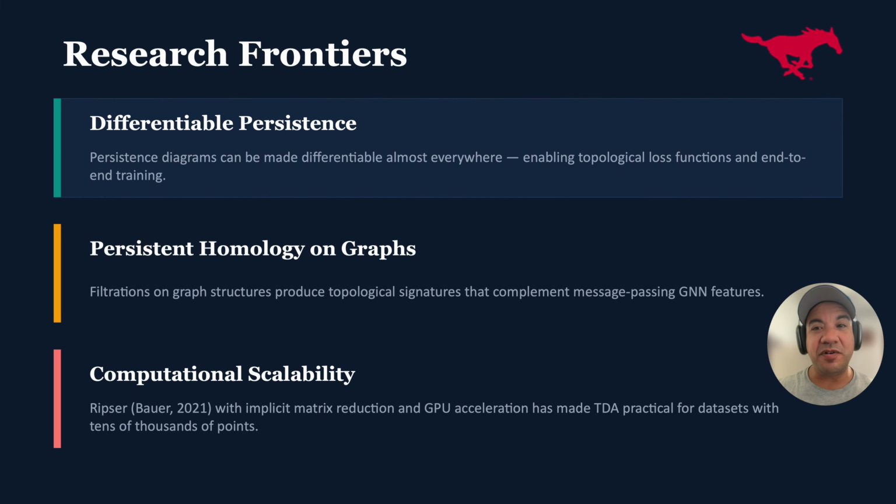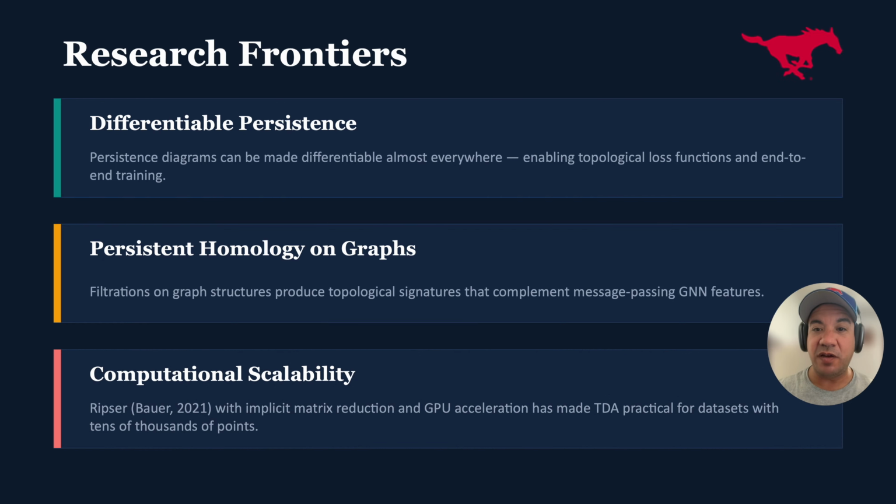All right, so three quick frontiers worth knowing about. First, differentiable persistence. Recent work has shown that persistence diagrams can be made differentiable almost everywhere, enabling topological loss functions for end-to-end deep learning. Second, persistent homology on graphs.